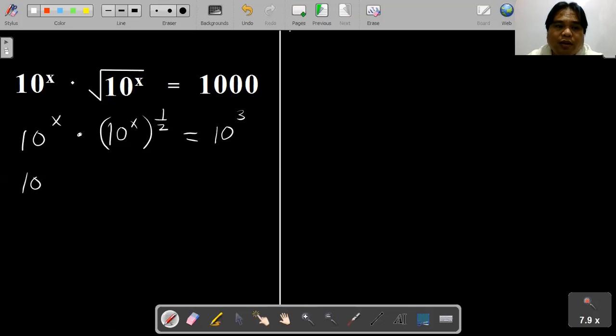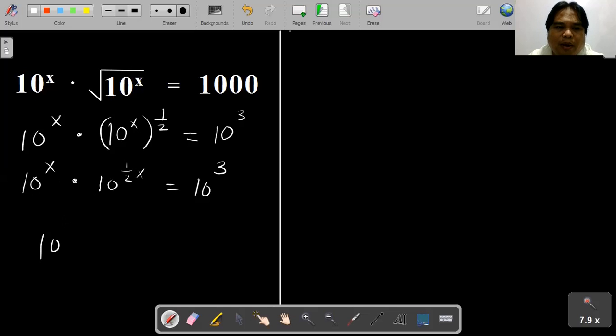So this becomes now 10 to the power of x times 10 to the power of 1/2 x is equal to 10 to the power of 3. From the left side, you already have the same base, so just add the exponents.